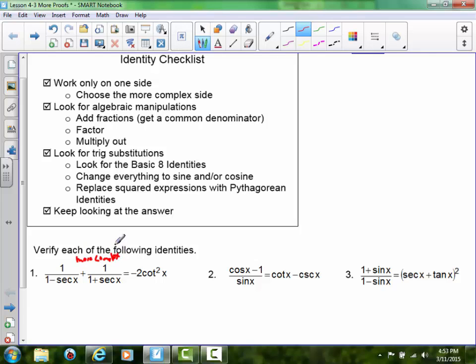All right. For example 2, while this had a fraction and the subtraction, cotangent and cosecant, because they have more identities involved, I decided that this would be my more complex side.